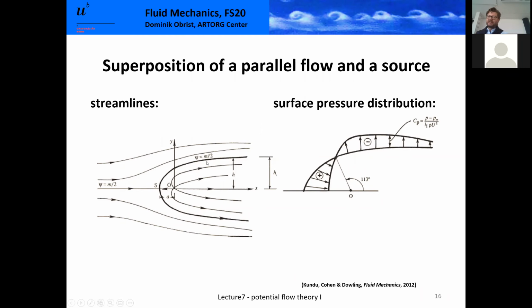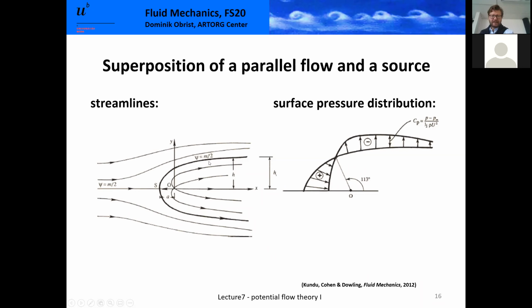Now, in any potential flow, a streamline can also be understood as the surface of an object, right? Remember that in potential flow, we are accepting that we have tangential non-zero velocities on the surface of an object. So any streamline here, in this case the thick solid line, can be thought of as the wall of an object.